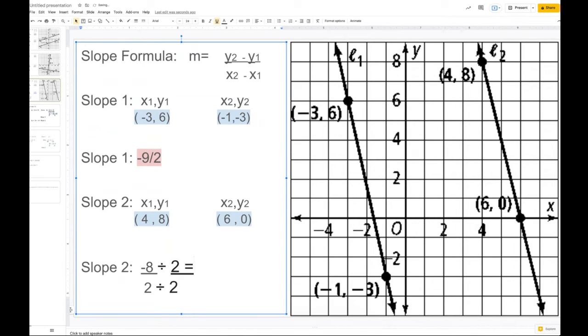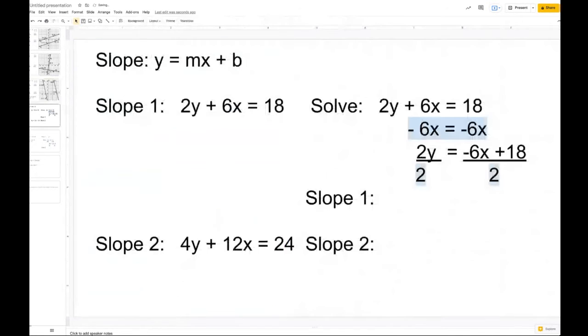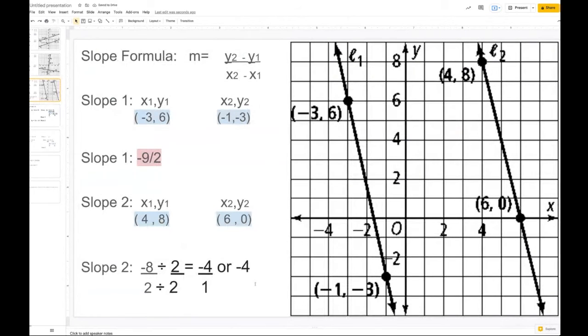When you simplify it, it'll equal -4, right? And then the one on the bottom, 2 divided by 2 is 1. So that's how that was done. Or you can translate this as just -4.